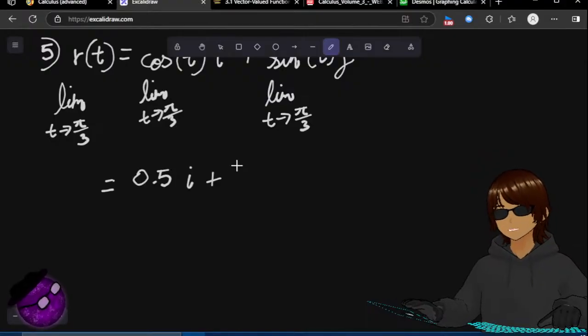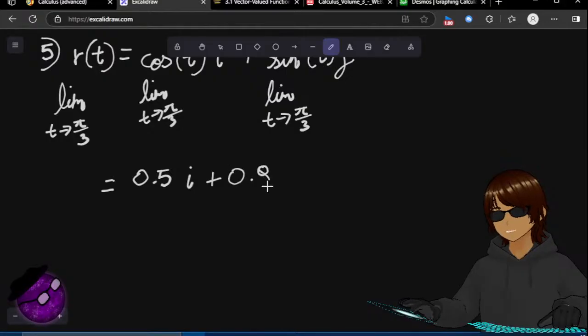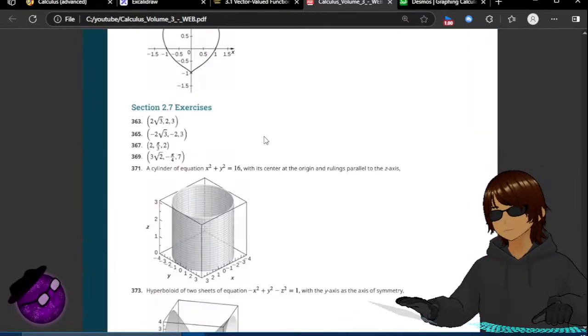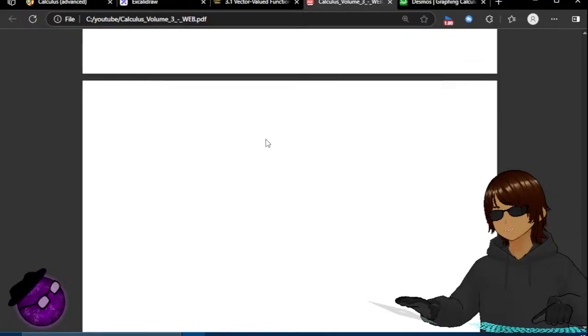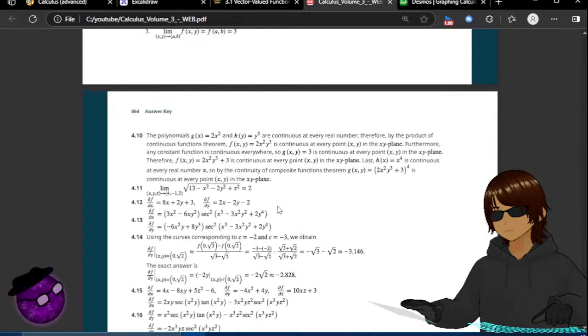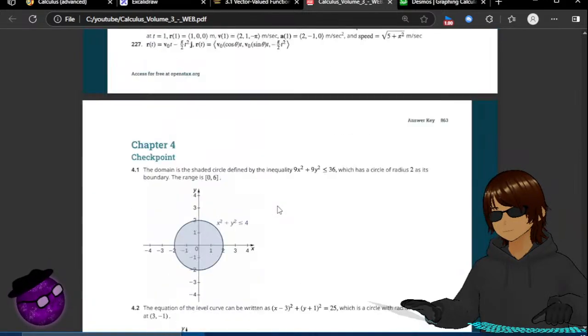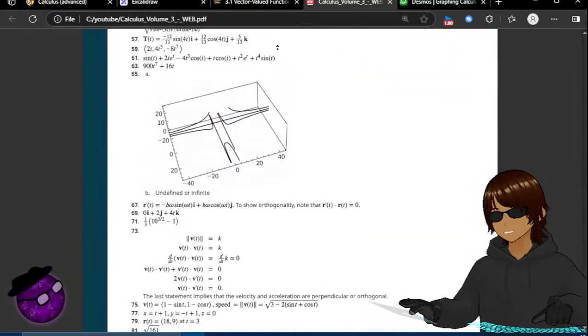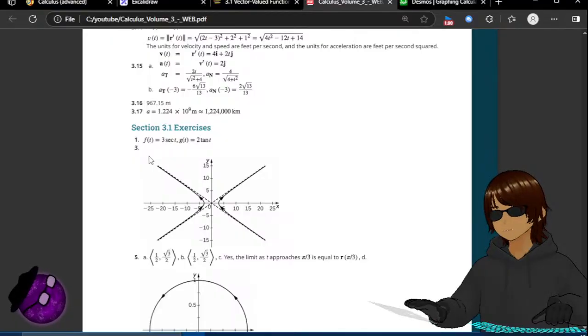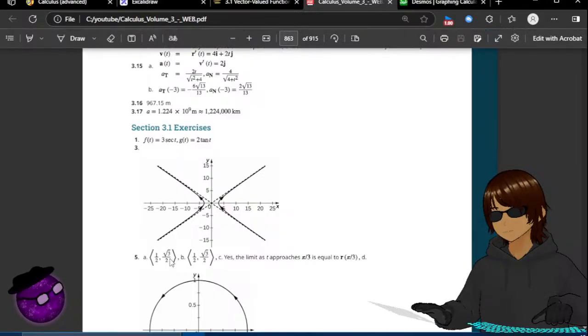Never mind, I will just write 0.87. 0.86. Well, let's just write 7 in the j direction. Which chapter is this? Exercise 2.7. Too far up. Half and root 3 over 2.